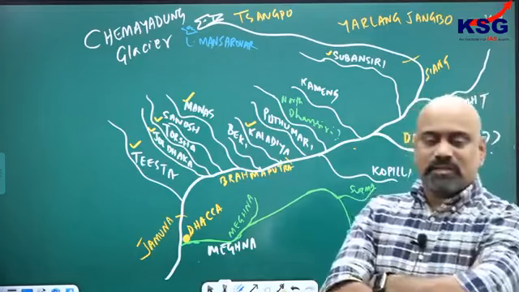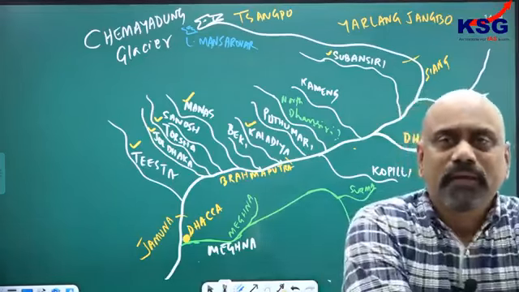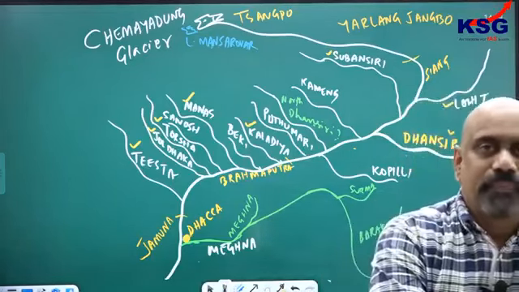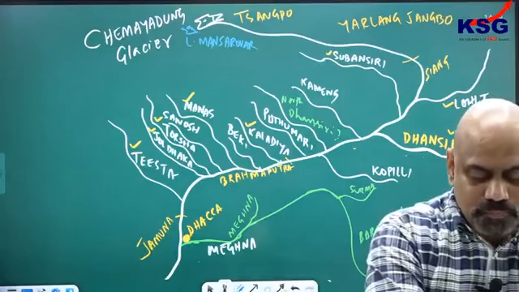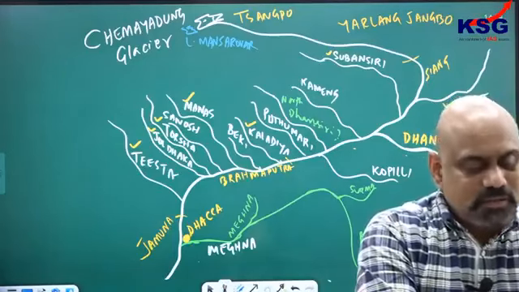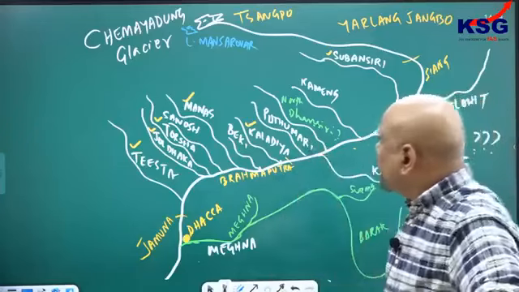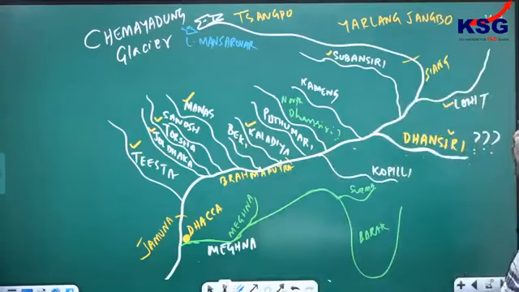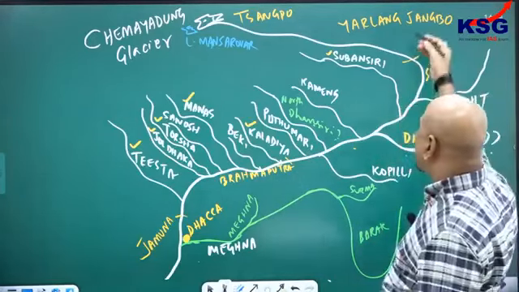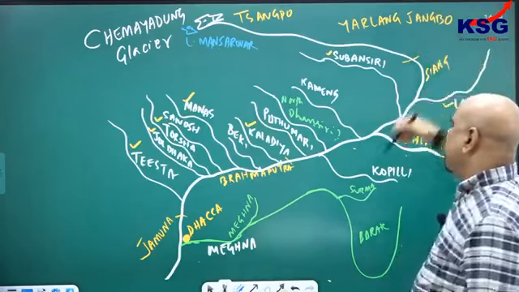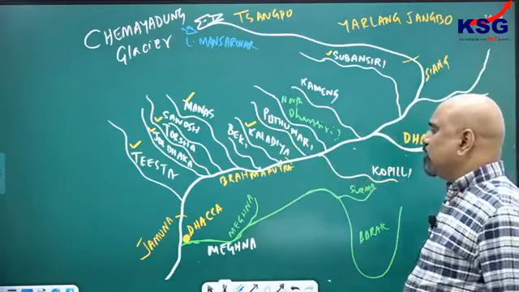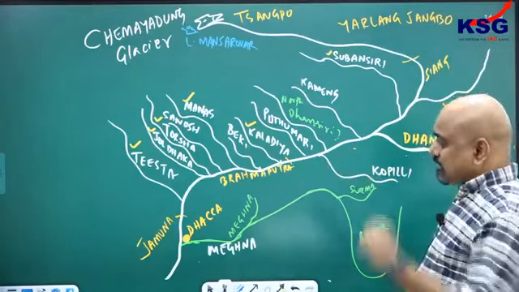Done. So these are certain things about the rivers of this region. I told you about where it originated. This river originated from the Chemayungdung Glacier. It is called Tsangpo in Tibet, Yarlung Tsangpo in China, Siang in Arunachal Pradesh, and Brahmaputra in your state of Assam.